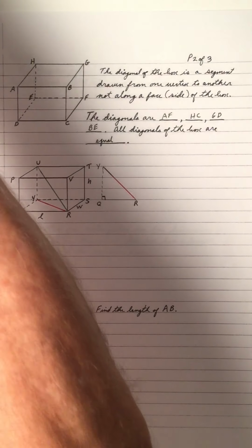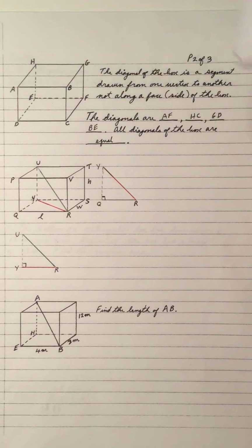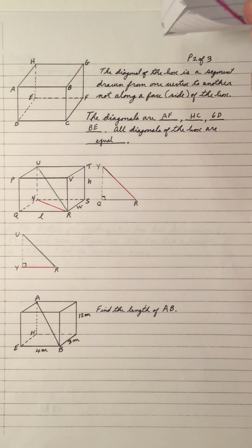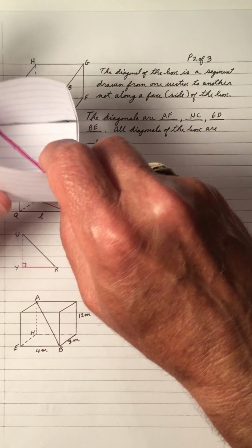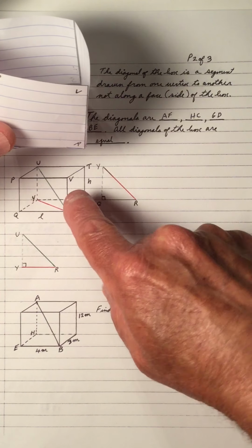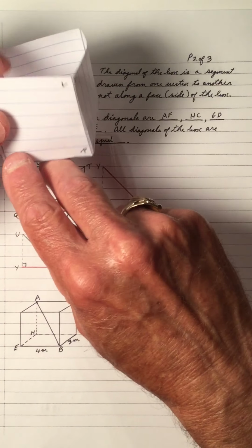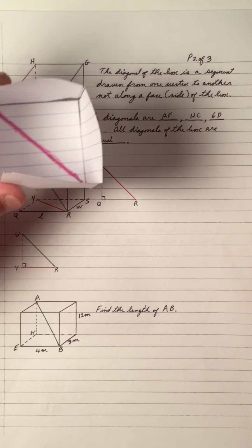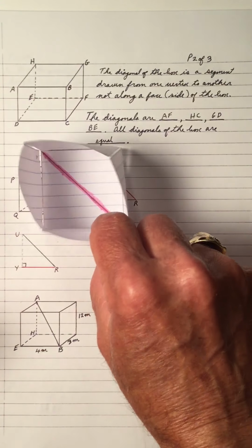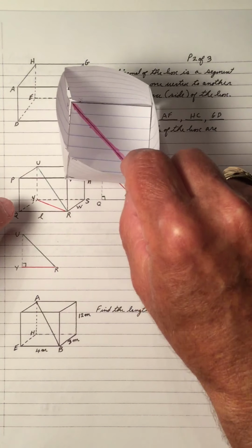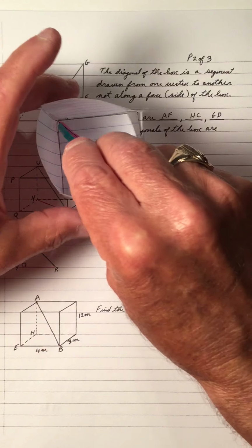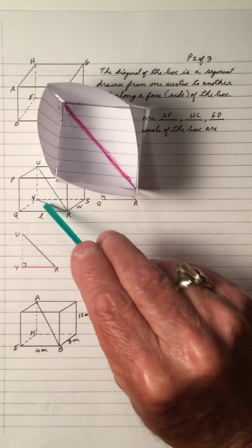To illustrate that, I have a diagram here that I have drawn, but I have one made up that looks identical to it, so you can see the P and the V, the Q and the R and all the sides. I made it up because I want you to look down through it and see the YR, which is the bottom diagonal, going from Y to R. That's the red line on this diagram.